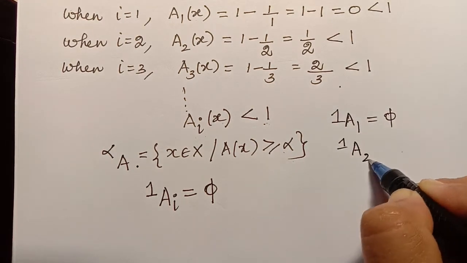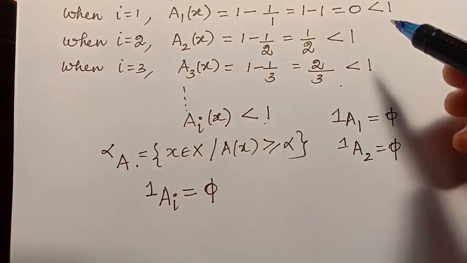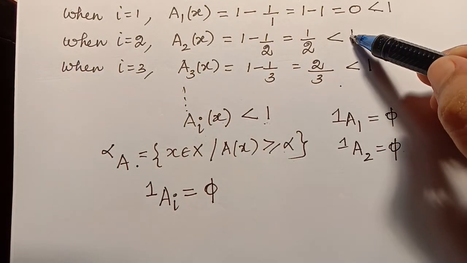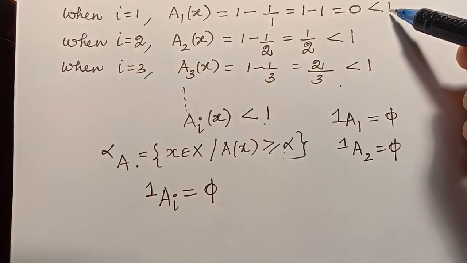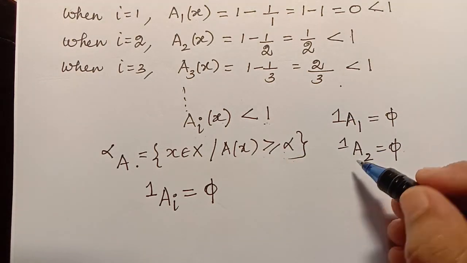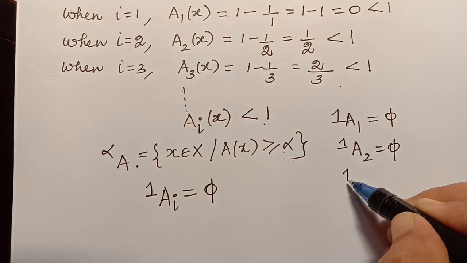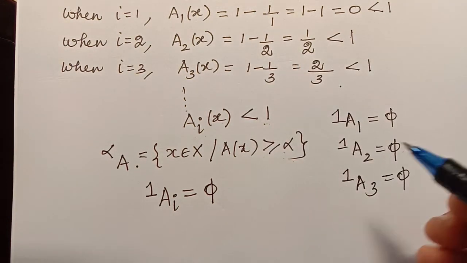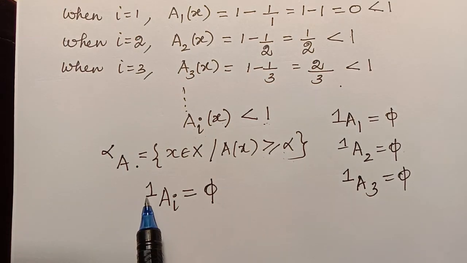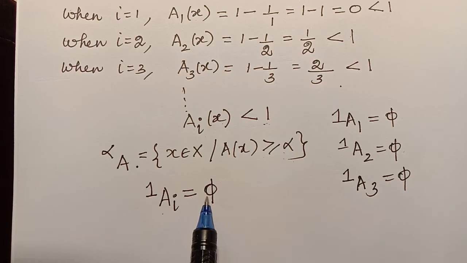One cut of the fuzzy set A2 is also a null set because this is lesser than 1, but the condition is greater than or equal to 1, which we don't have. Similarly the one cut of the fuzzy set A3 is also a null set. So in general we can say that the one cut of the fuzzy set AI is equal to a null set.